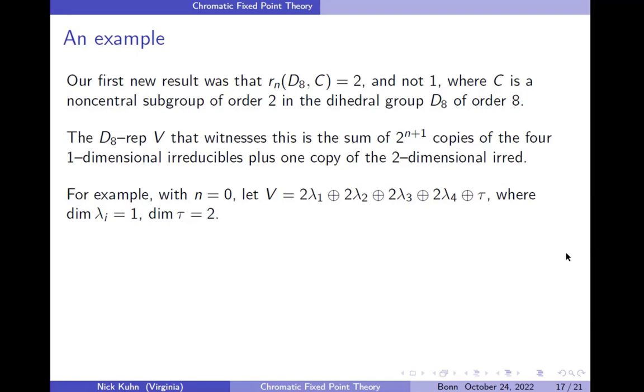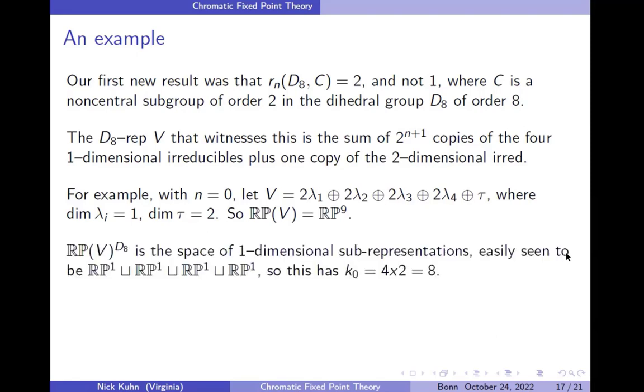And then you also have a 2-dimensional irreducible. So this is 10-dimensional, I guess, and so RPV is RP9. So we have an action of the dihedral group on RP9, and its D8 fixed points would be all the one-dimensional sub-representations. That's why it's easy to do these things.